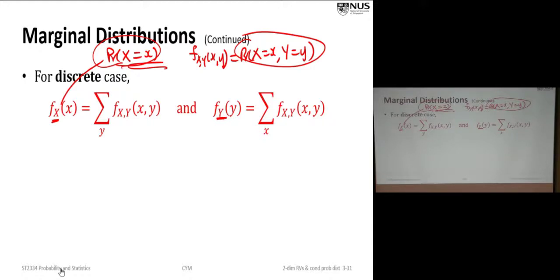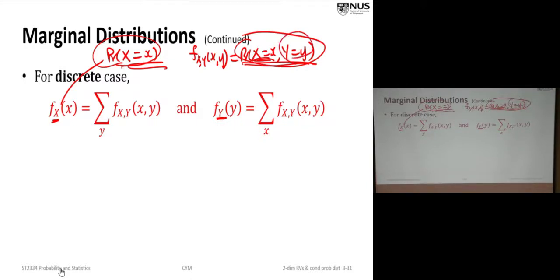It means that we don't care about it so long as those outcomes give us random variable X equal to little x, I will consider it. In other words, I need to add up all the probabilities with the same x value equal to little x. I don't care what the y is, so long as the random variable X equals little x. So I have to add up all these probabilities with different y values, but with the same x value.